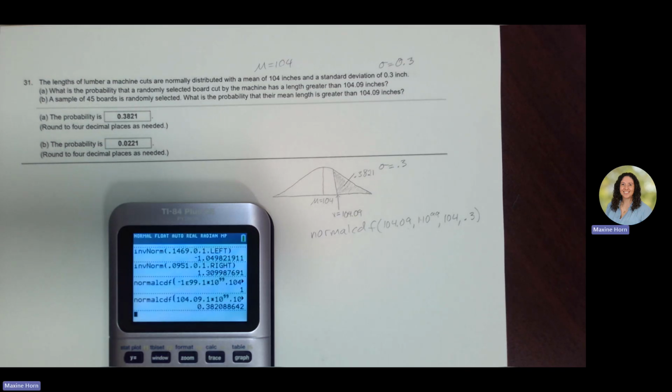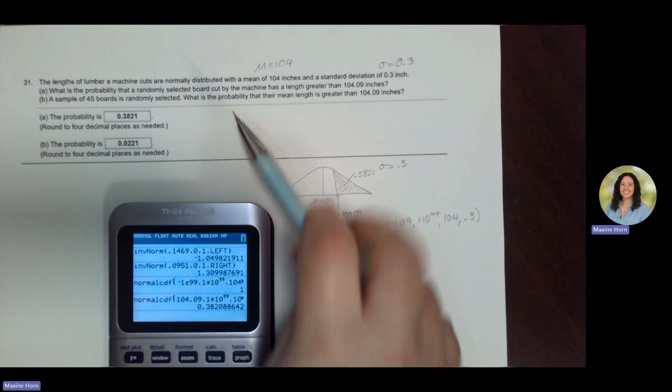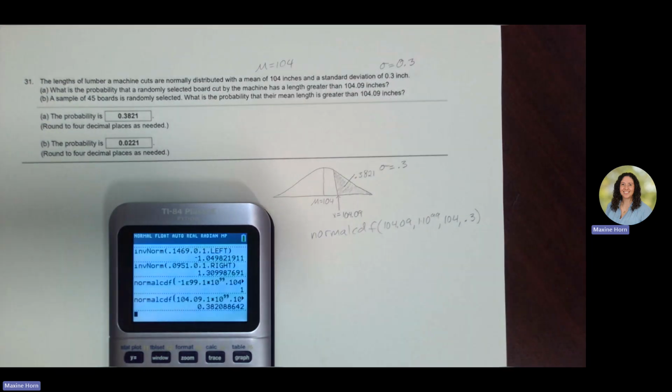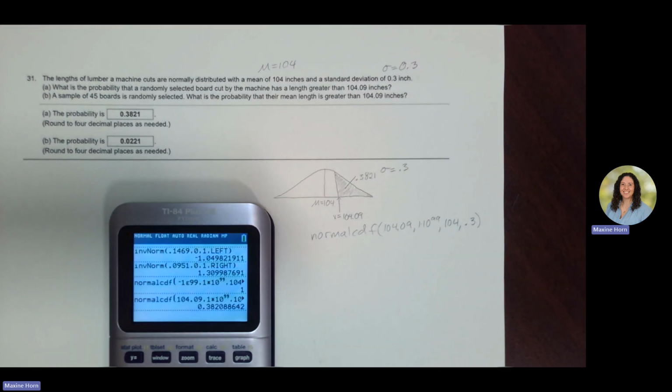We know this information about the population, right? We know we have a mean here, we know we have a standard deviation. This is population information, population parameters.